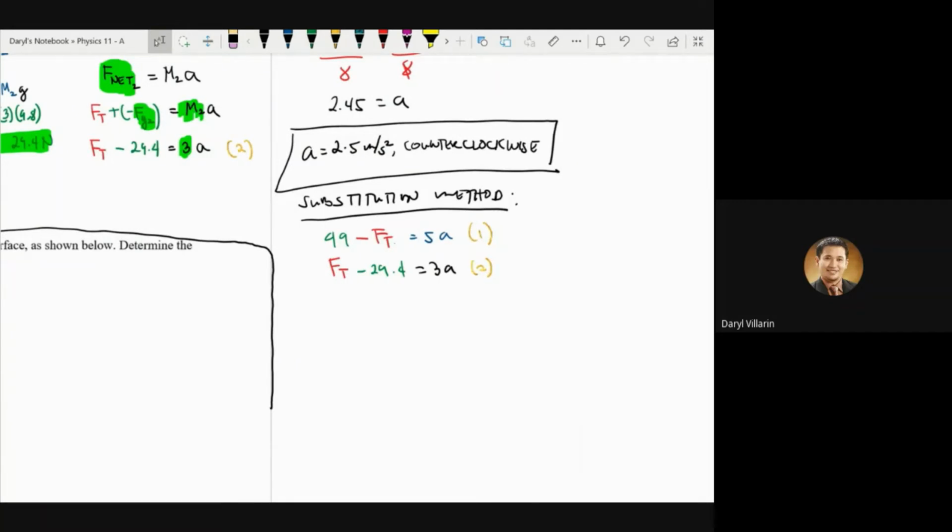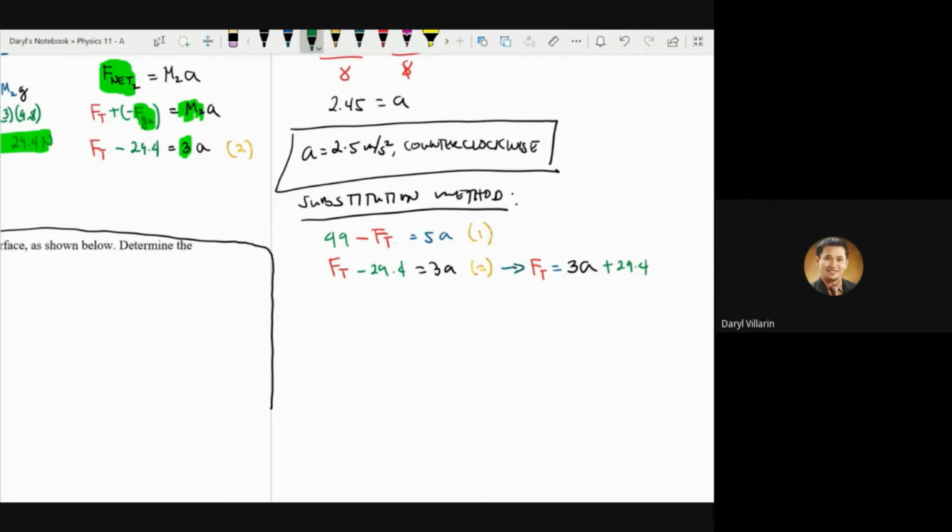So therefore, from equation number 2, I'm gonna express my FT in terms of A. So FT could be written as equal to 3A, and then if I transpose my negative 29.4, that is just plus 29.4.